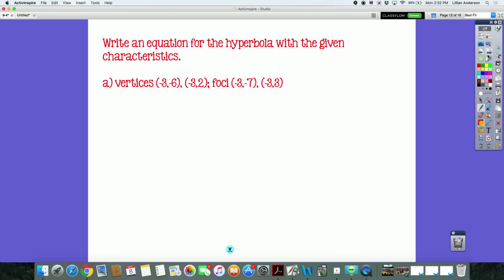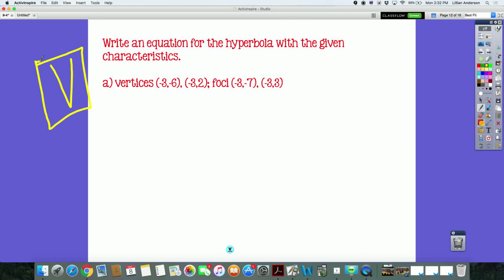Vertices are located at (-3, -6) and (-3, 2). Your foci are located at (-3, -7) and (-3, 3). Now the fact that none of your x values change, only your y values, is an indication that this is going to be a vertical hyperbola.